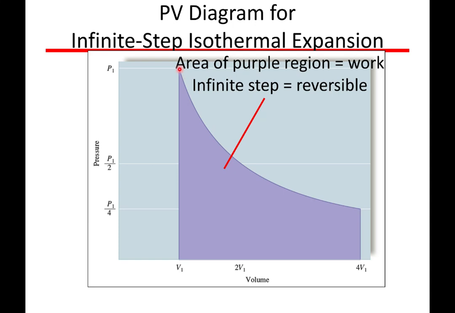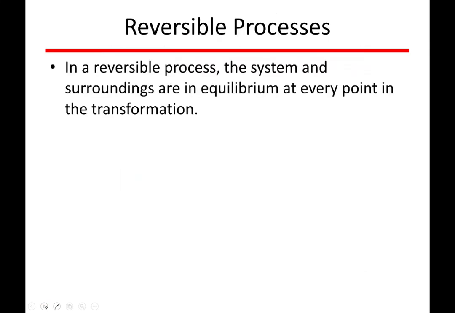And so that allows you to maintain equilibrium because you're making such small changes that the system's equilibrium is not disturbed. So we refer to this as an equilibrium transformation, or the word reversible is used in chemistry kind of synonymously with equilibrium. So you say that it's done at equilibrium, you can also say that it's done reversibly. So that's where that word comes from.